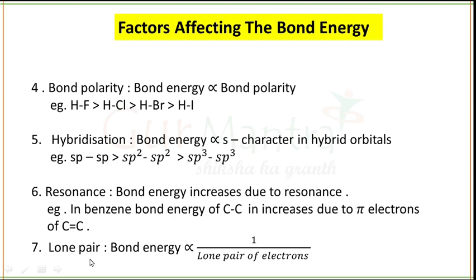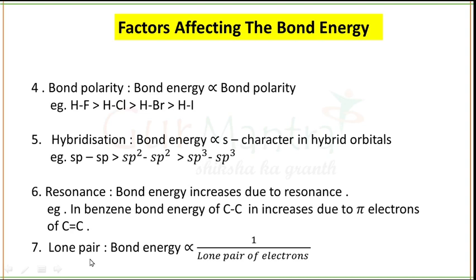Now I hope you are all clear about the bond parameters. You have seen bond length, bond angle, and bond energy. These 3 factors play a major role, and from these factors a question is asked every year in every competitive exam, also in the GATE exam.